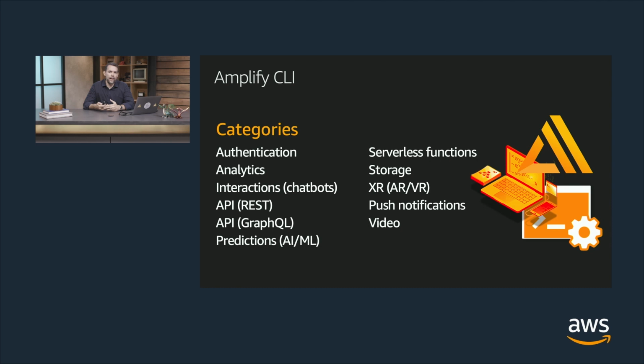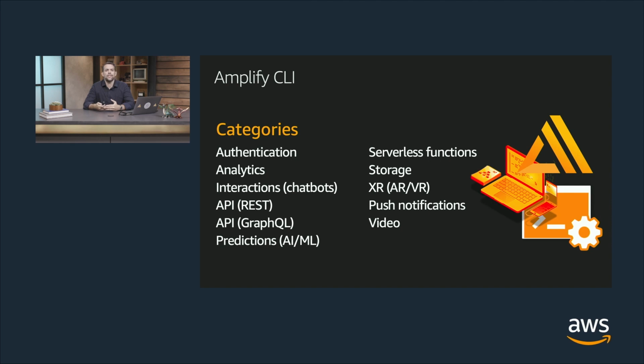The CLI provides different intuitive categories that you can mix and match in a single Amplify project. These are self-descriptive categories such as authentication, analytics, chatbots, APIs, serverless backends, file storage, augmented or virtual reality, push notifications, video streaming, or predictions powered by AI/ML services.